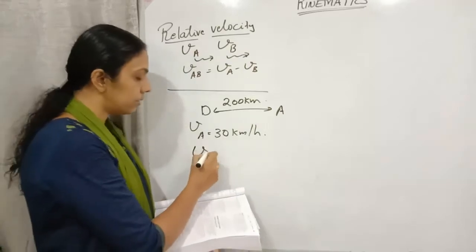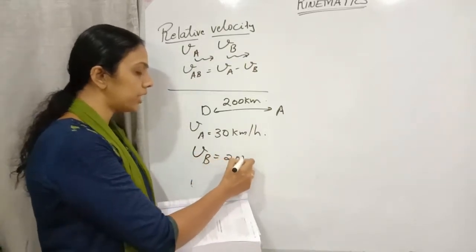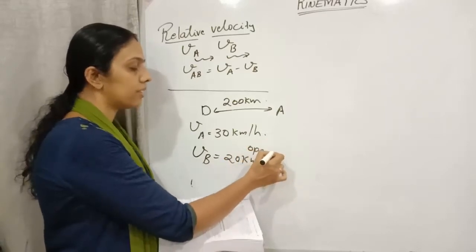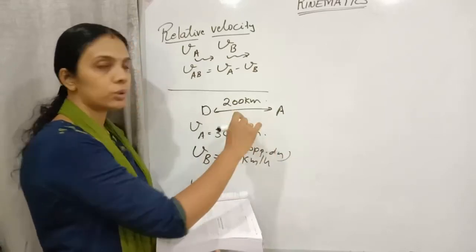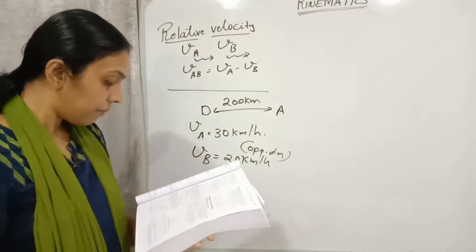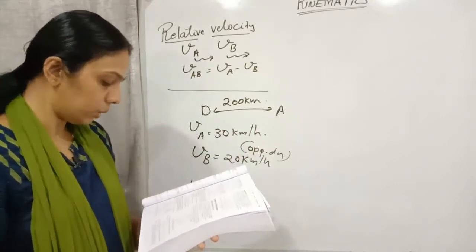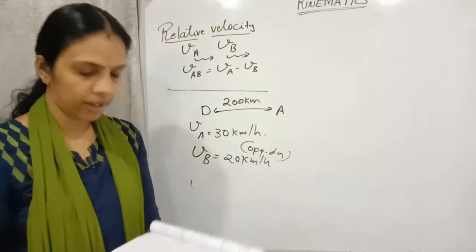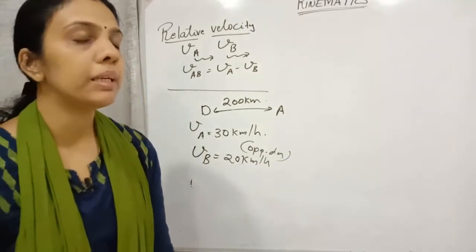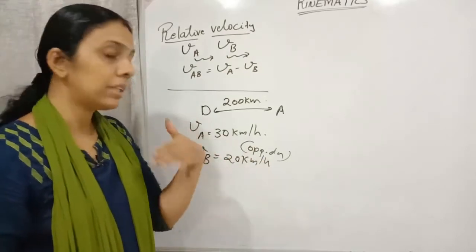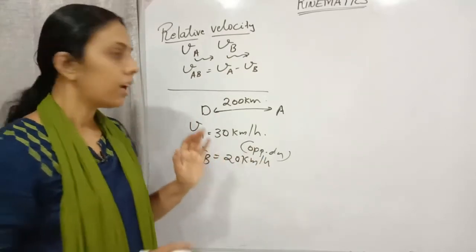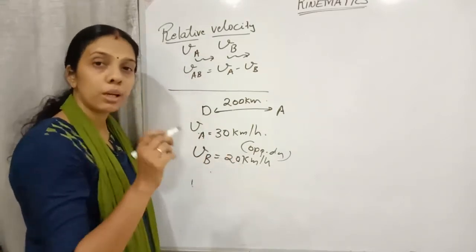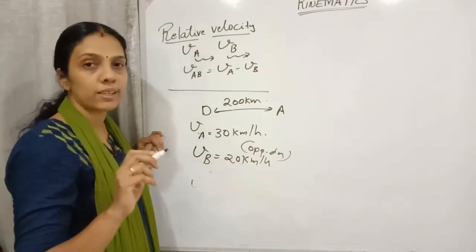So VB is 20 km per hour in the opposite direction. This is in opposite direction, both are approaching each other. When they will meet each other, what is the distance of that meeting point from Ambala? So when they will meet each other means we need to find out the time. How can we find out? Both are moving. If both are moving, what will be the velocity we should consider?